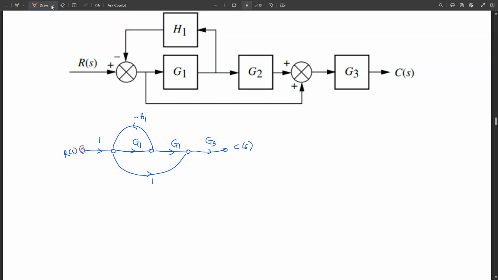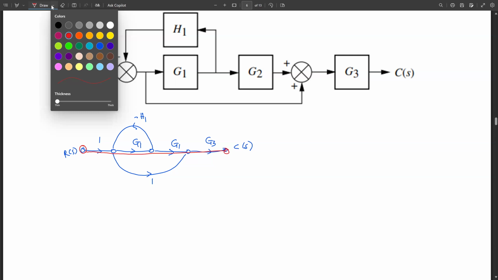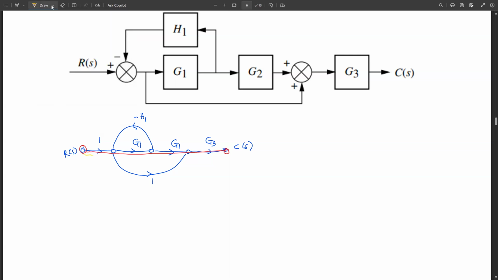That's my first forward path. My second one is from this side again, then it branches off here and goes to that side. Let's see if we can find a third one. I think that's all.